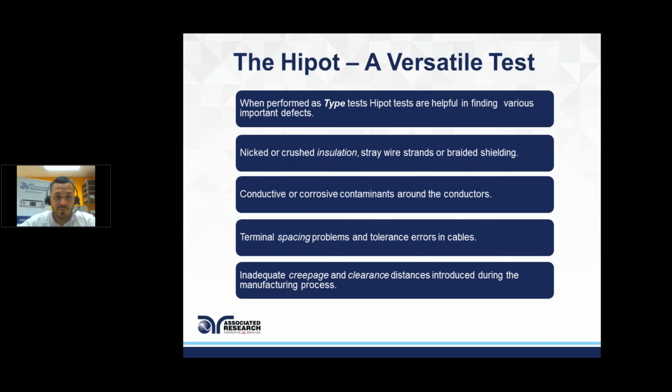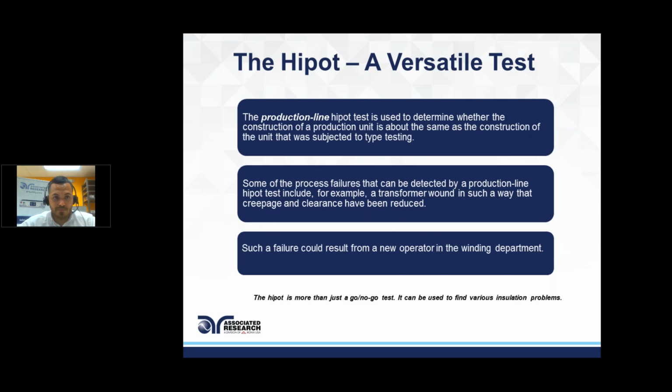A lot of PCB manufacturers have this issue, where they need to make sure there's a certain amount of spacing between their boards to make sure no arcing can occur and damage those very sensitive components. Inadequate creepage and clearance distances introduced during the manufacturing process. This is also something that you can catch with a Hipot test. So it is a very versatile test.